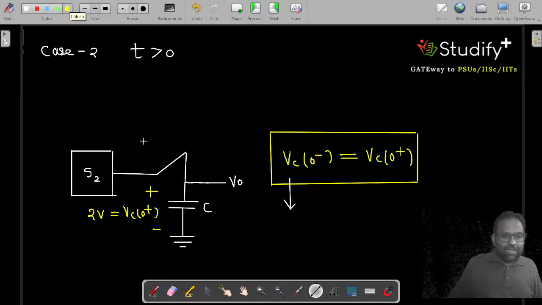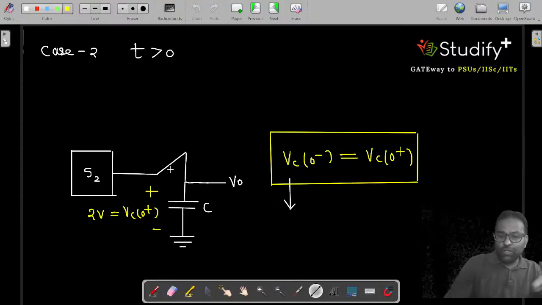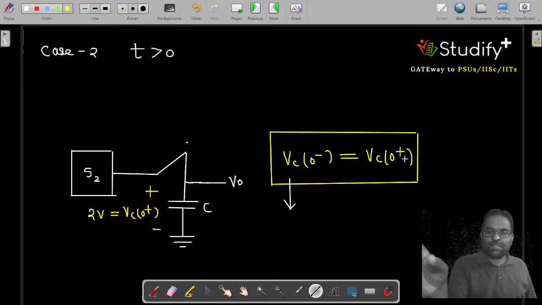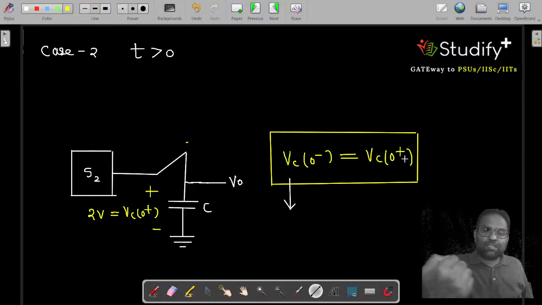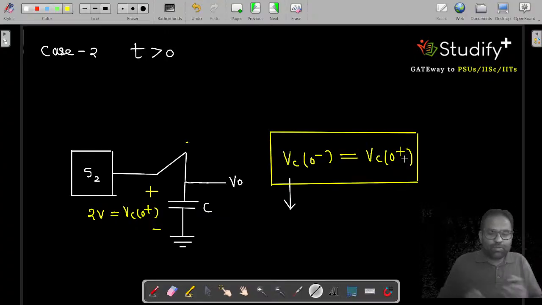because when I am writing the differential equation, I cannot take the initial condition of the previous switching position. I have to take the initial condition of the new switching position, and Vc plus will tell you what the previous energy is, or what is the CF, complementary function solution, or what is the zero input response of the circuit.